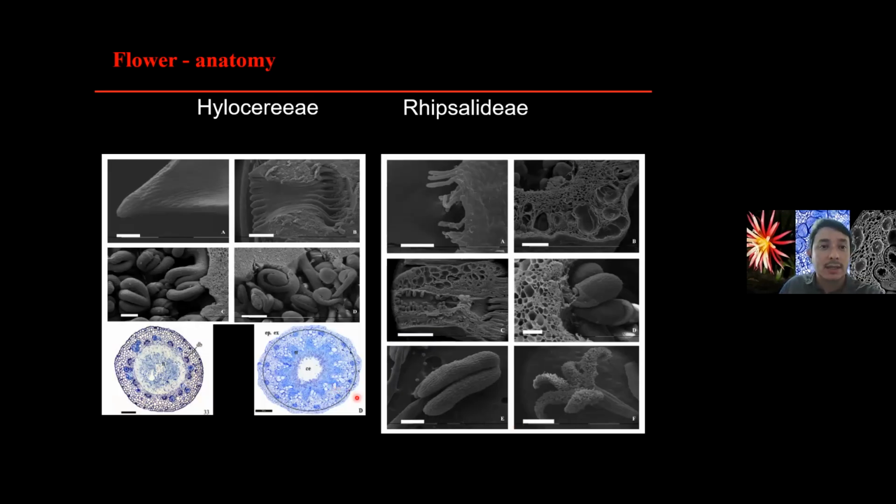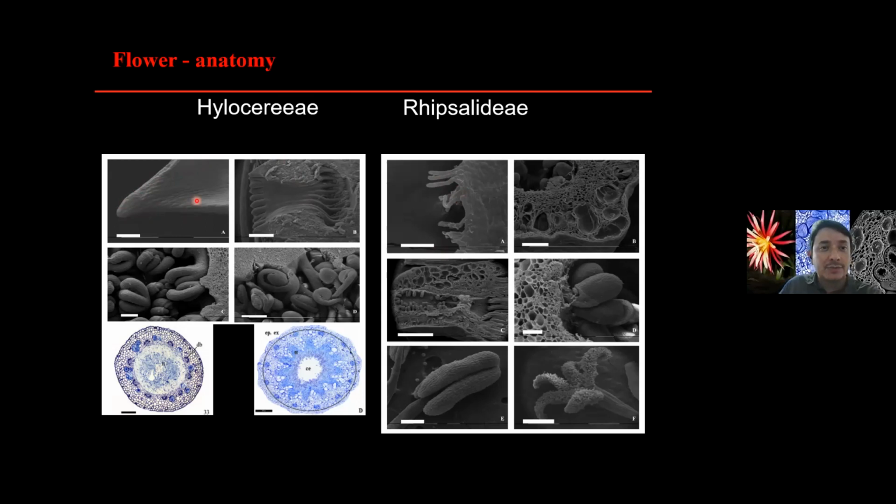Another aspect I'd like to call attention to, besides the ovules, here the anatropous ovules of Hypsalid species, is about the tepals. In the first genera we have analyzed in the scanning microscopy, there are some trichomes or some cells in the very top of the tepal in Hypsalid, and in Hylocereeae, they are very, very glabrous.